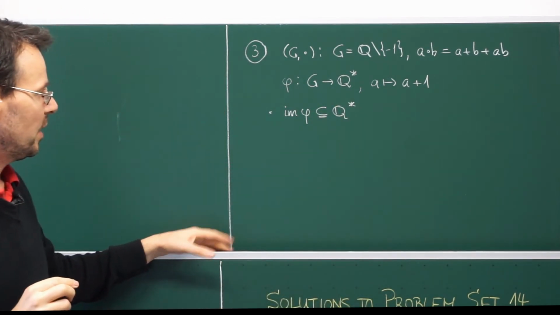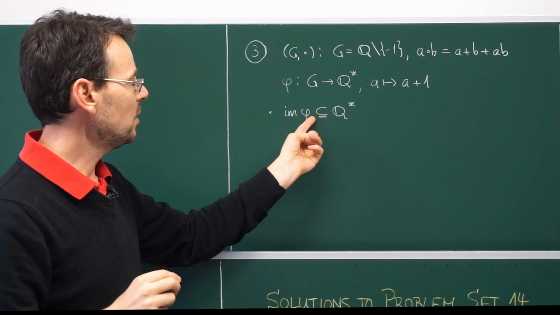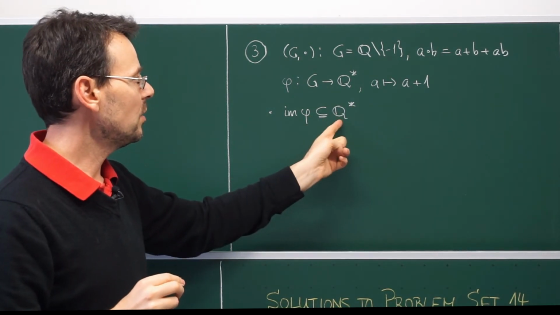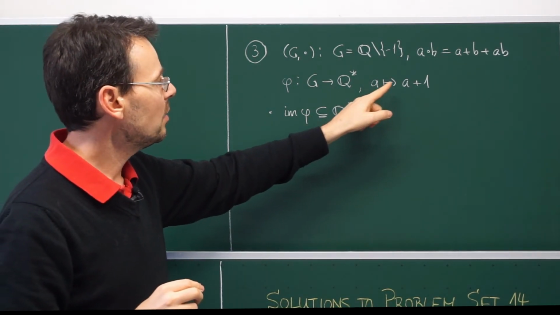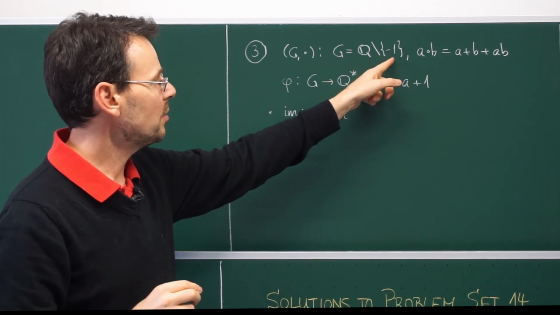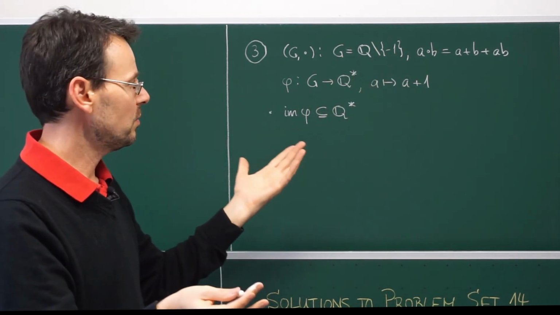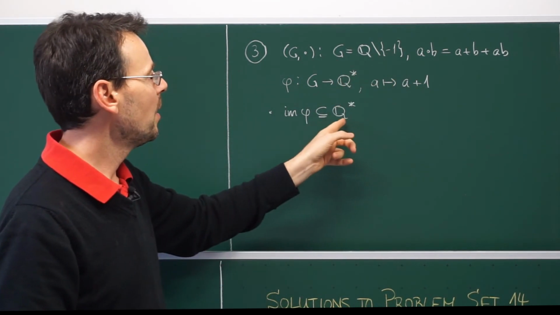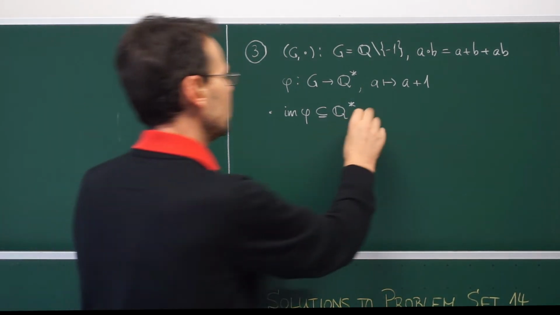So let's check that. First of all, the image of phi clearly lies in here, because if I add 1 to any of these numbers, I end up with any rational number except for 0.